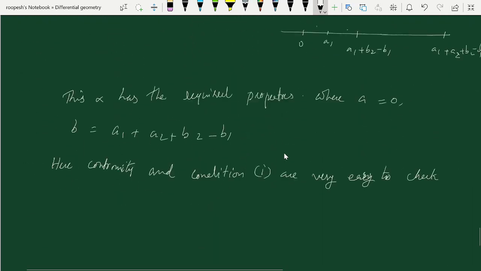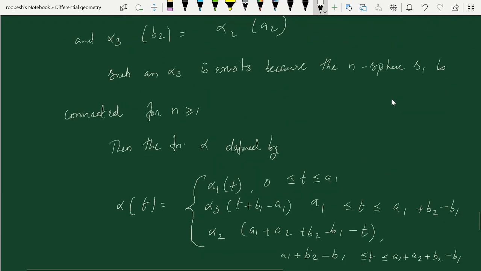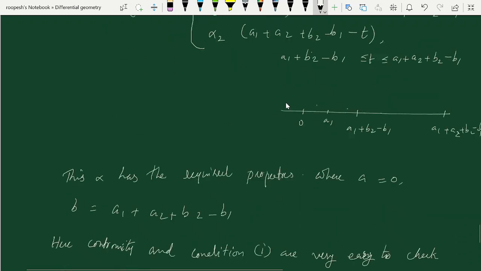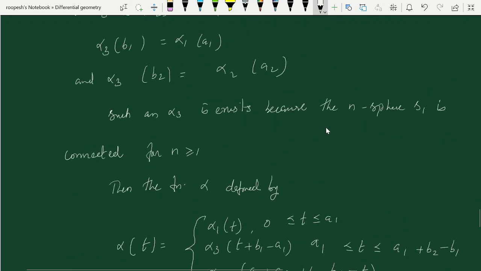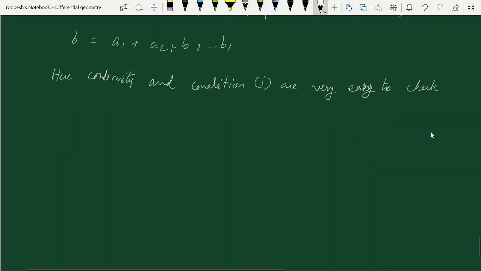What is alpha of a? First, substituting a equal to 0, your a1 value should be equal to 0, so you will get alpha 1 of 0, right? So what is alpha 1 of 0?